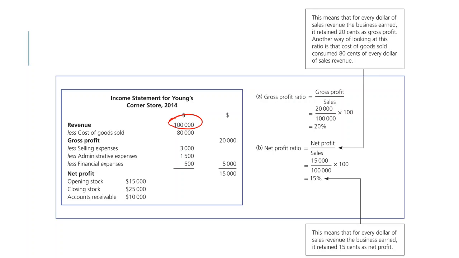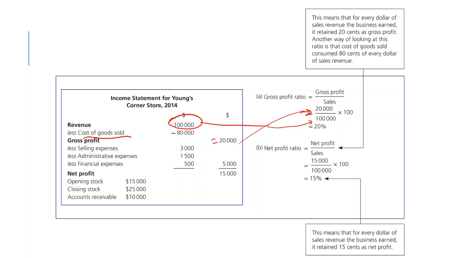To get our gross profit, we've got to look at our COGS. 100,000 minus 80 equals 20,000. And we put it into our equation. Gross profit 20,000. Our sales are 100,000, and we get an equation of 20%.